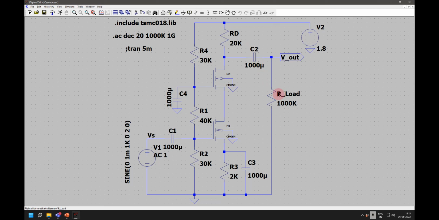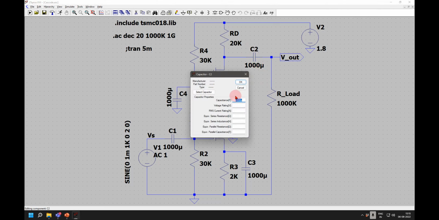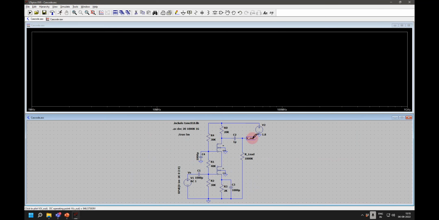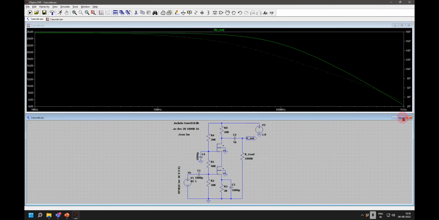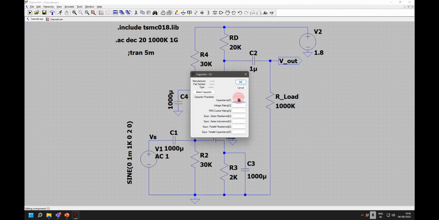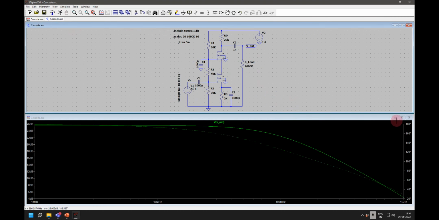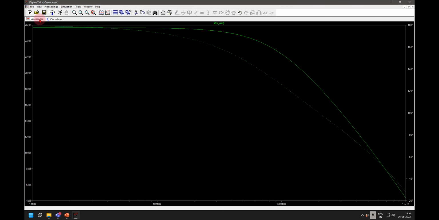Let me put it as 1 micro, run a simulation and plot the output. 1 micro is good enough. It's not making any difference. Let me put it as 1 nano. Still it's not making much difference, because I'm sweeping from 1 megahertz, that's the reason.